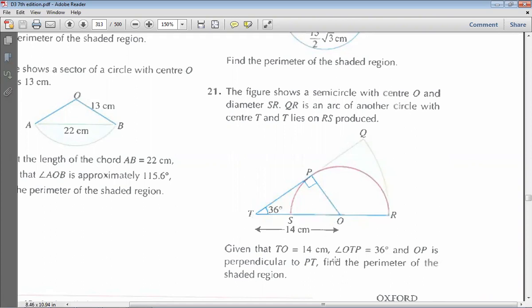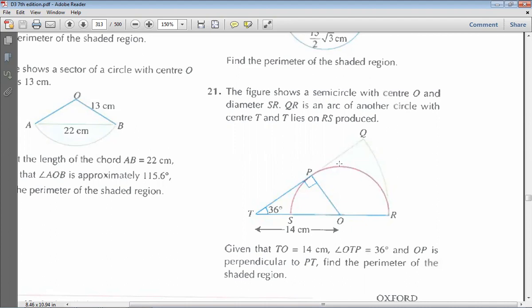Given that TO, from T to O, is 14 centimeters, and the angle OTP is 36. This angle is basically 36, and OP is perpendicular to PT. Find the perimeter of the shaded region. The shaded region is here.